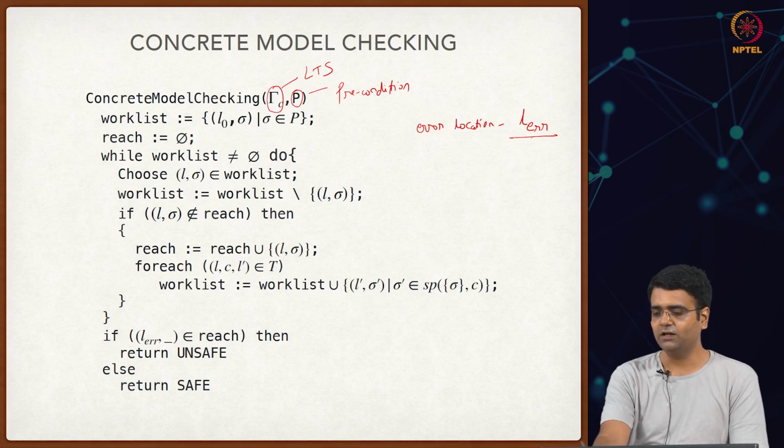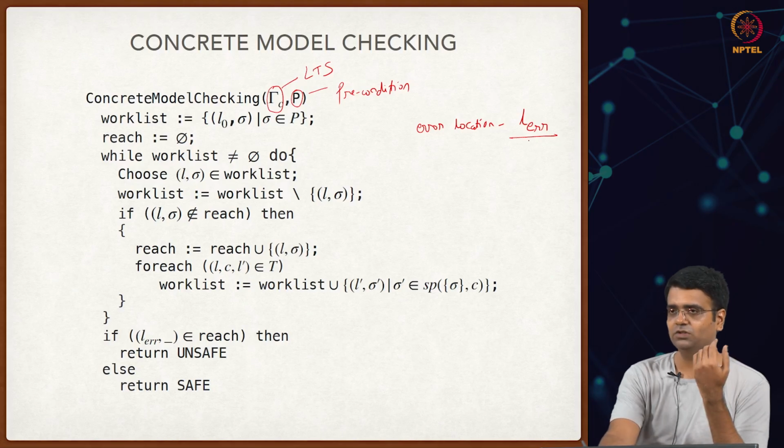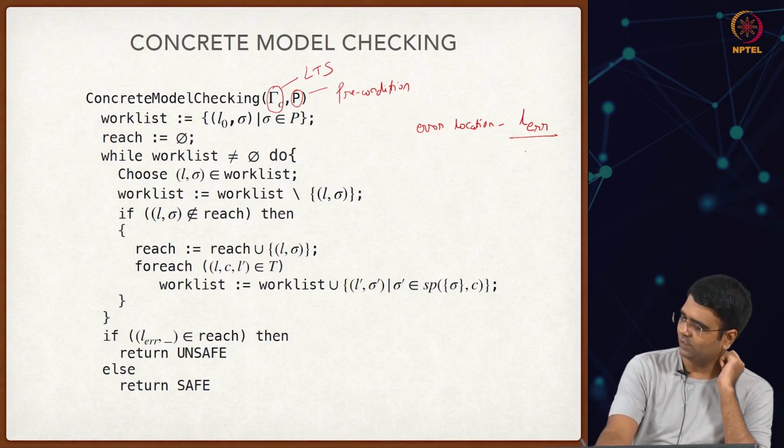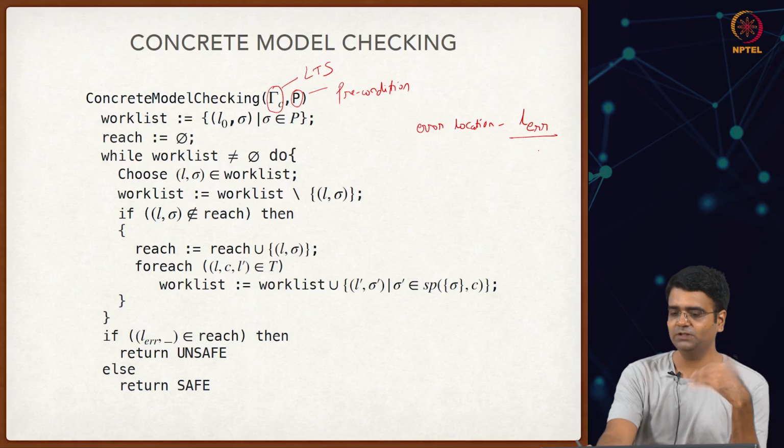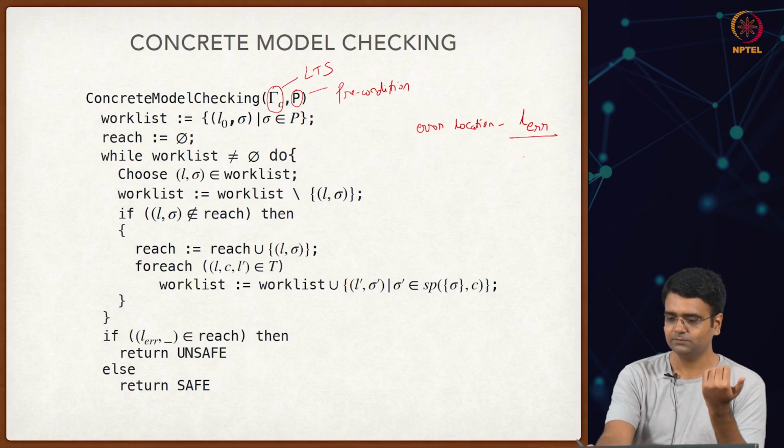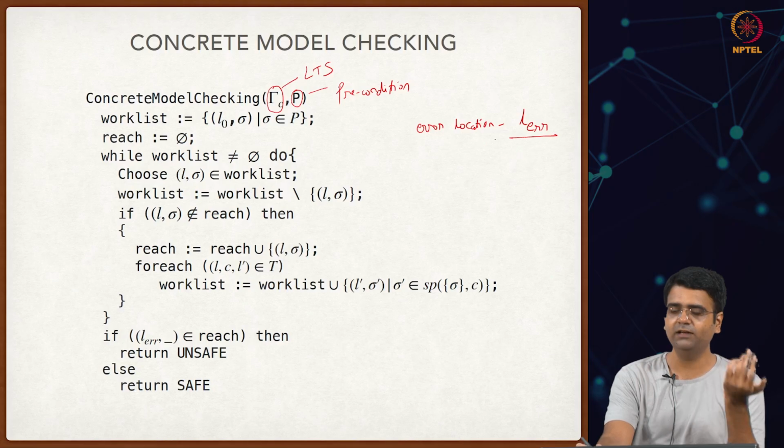But if any program execution does not reach the error location, then the program is safe. This is one way of specifying the correctness of the program. The error location, for example, could correspond to an assertion violation. So you may say that if some assertion is violated, then you will reach the error location.